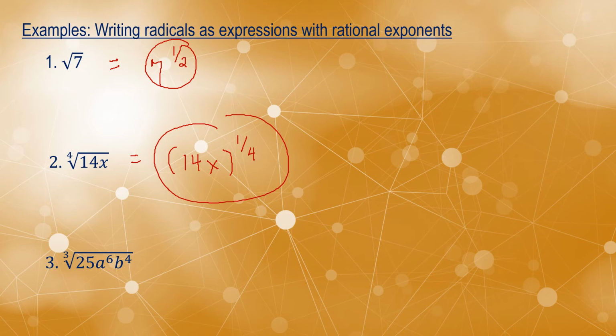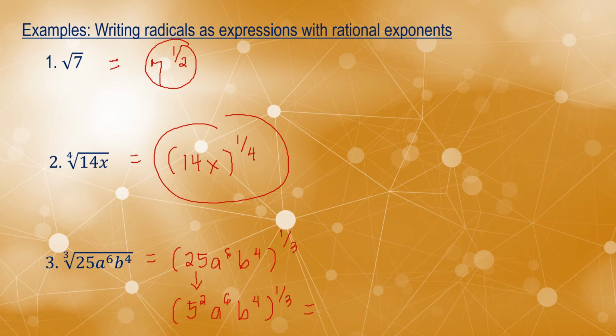Let's have the third example. We have the cube root of 25a raised to the 6th power, b raised to the 4th power. In exponential form, we have 25a raised to the 6th power, b raised to the 4th power, quantity raised to 1/3. We know that 25 is the same as 5 raised to the second power. So we have 5 squared, a raised to 6th power, b raised to 4th power, quantity raised to 1/3.